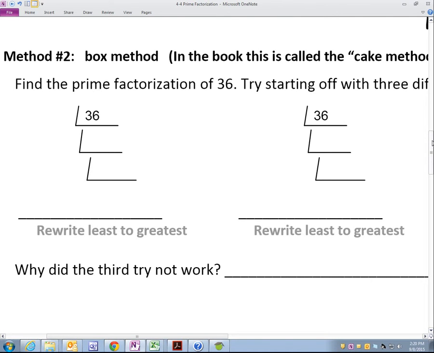6? Okay. You want to do 6? Let's try 3, because 3 plus 6 is 9, and we know that it's going to be divisible by 3.